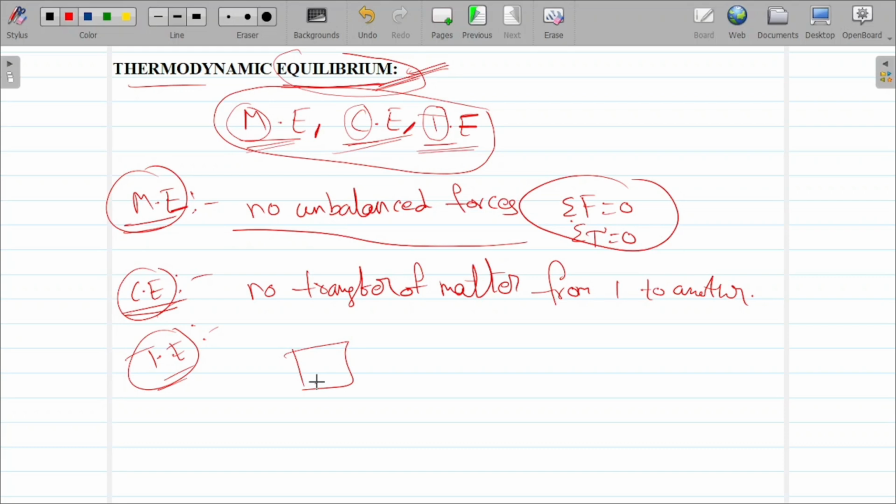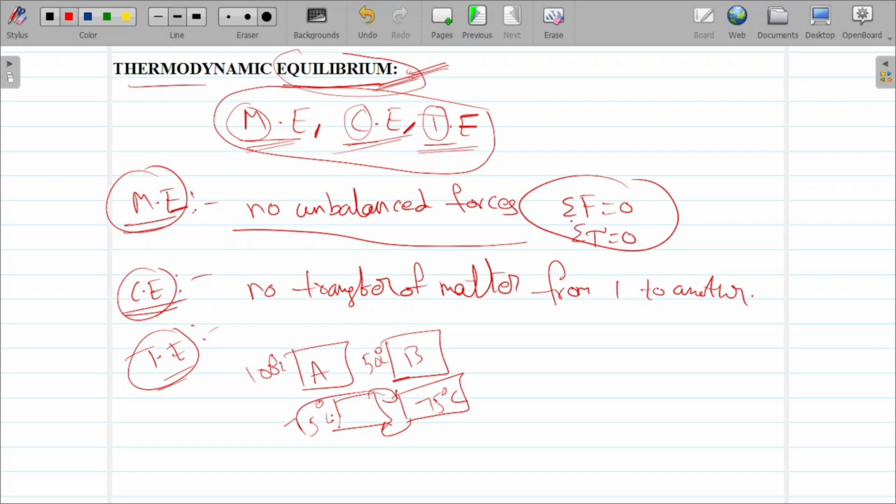Next, last and final important, thermal equilibrium. I have two bodies, A and B. A is at 100 degrees Celsius and B is at 50 degrees Celsius. Kept in contact, what will happen? Body A's temperature will be 75 degrees Celsius, and body B is also 75 degrees Celsius. Will the temperature go further? No. Both attain the same temperature.